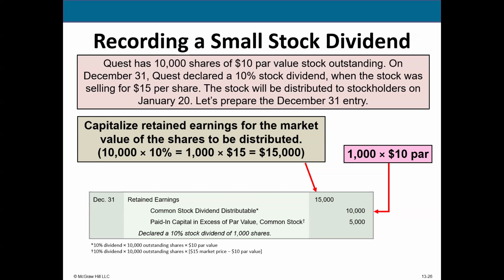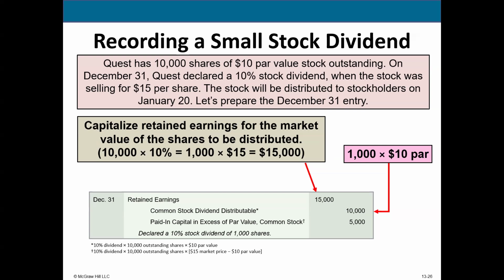So the journal entry that we make at the end of the year for this is first to retained earnings. So we've got to figure out how much for retained earnings. We take the 10,000 shares and multiply that by the 10% stock dividend. That's 1,000 shares. So 1,000 shares at $15 per share is $15,000.